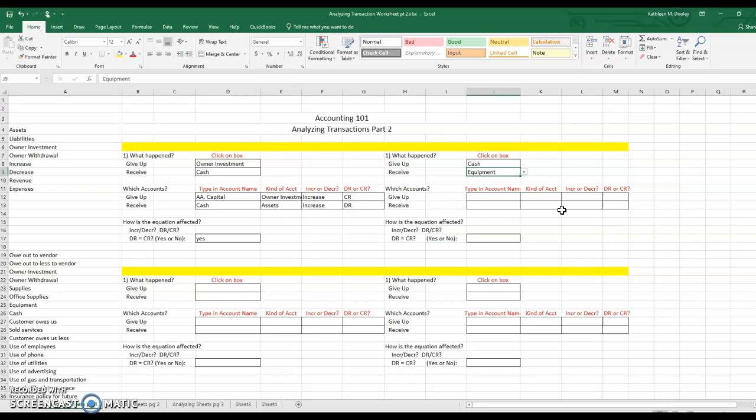Okay, now when we use the chart of accounts, we'll put in an exact account name. But for the what happened, we're just looking for a simple, in English, what did we give up, what did we receive? That is what the business gave up and received. All right, so now we need to look in the chart of accounts. I need for the receive, I need some kind of delivery equipment account, and for the give up, I need some account that goes with cash.